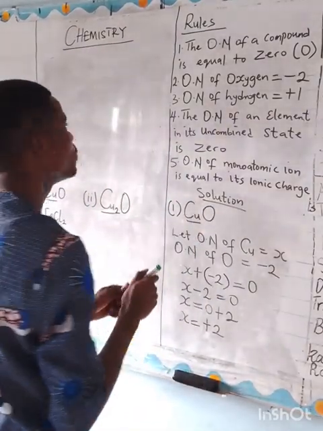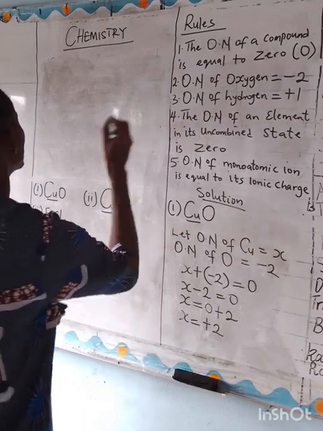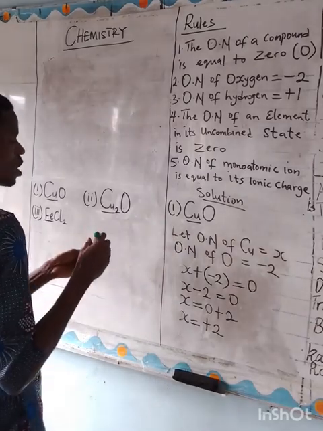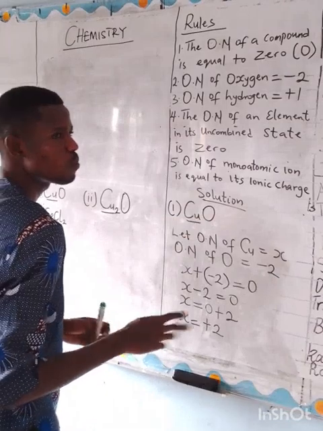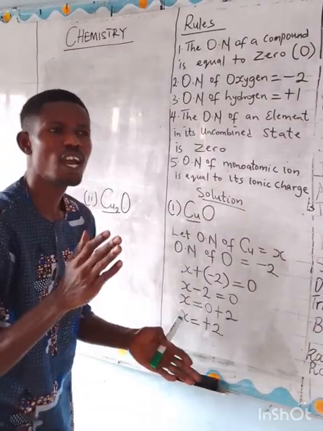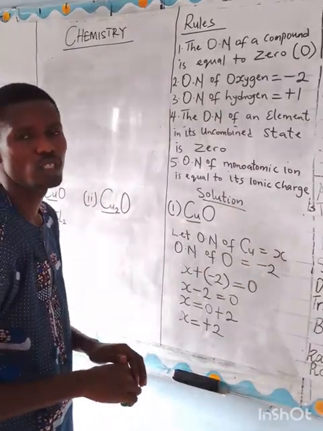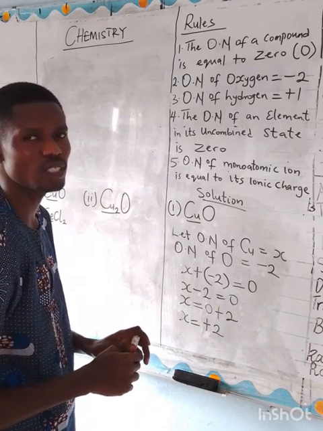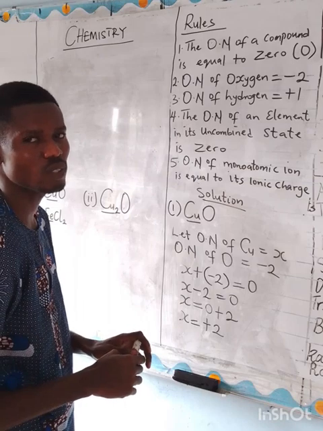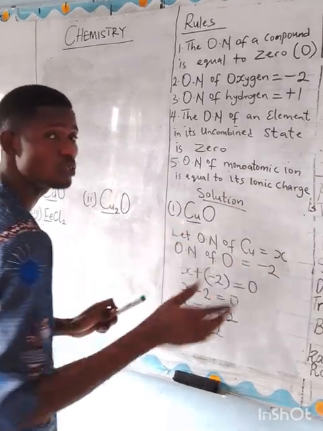Alright, let's do the naming. If you want to name it, you name them one after the other. This is copper, this is oxygen. But don't forget, in naming compounds like this, you need to add the oxidation state. Since they have variable oxidation states, we want to know what is the state of copper in this compound.